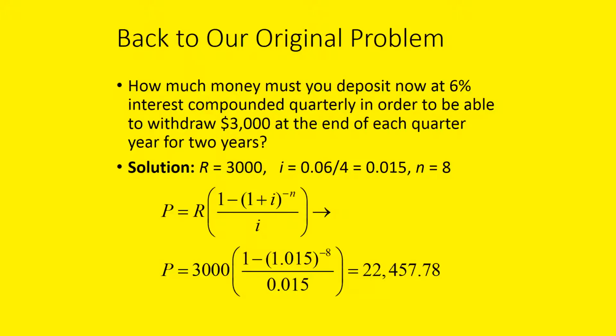But this P here is present value. And R is the letter chosen for just the payment, right? That used to be PMT, or payment.